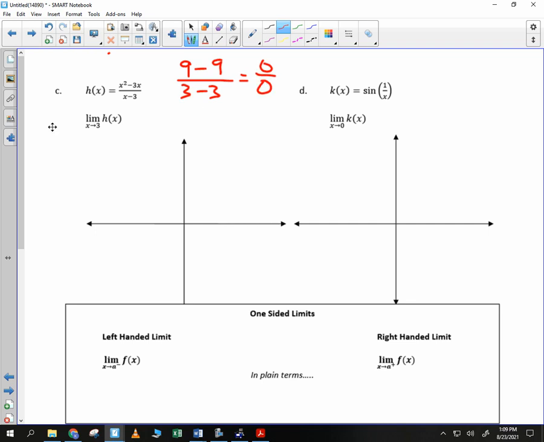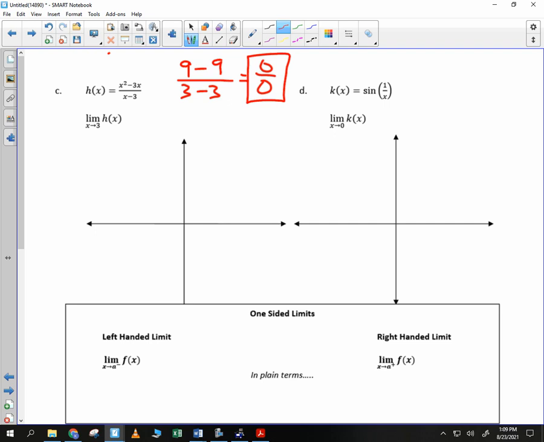Does anybody know what 0 over 0 is? Actually, it's what we call an indeterminate value. Anything over 0 is undefined unless it's a 0 on top. That's an indeterminate value. We don't know what 0 over 0 is. In fact, much of calculus is based around the idea of trying to find out what 0 divided by 0 is. So let's discover what 0 divided by 0 is.